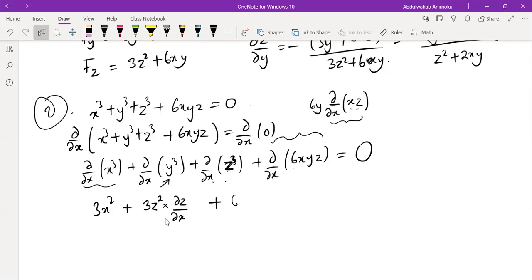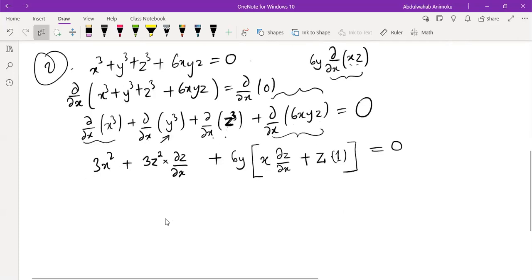So we can take 6y out as I just told you. Then d dx of xz would be, we'll leave the first function x and we'll find the derivative of the second one with respect to x, plus we leave the second function, which is z, then derivative of x with respect to x is 1 times 1.